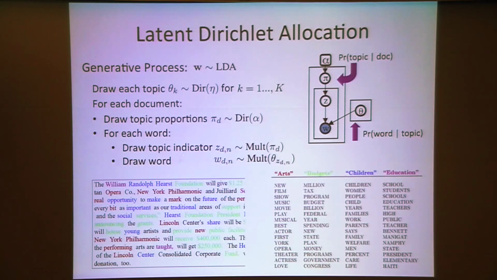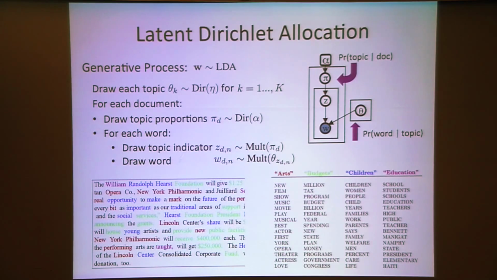So here's the intuition. Let's see how you can generate the word opera in that particular document. The way you would generate the word opera is that you would draw a topic indicator variable Z that would belong to art, right? And then you draw a word from that distribution. So opera appears, I guess, somewhere here, and there's a certain probability associated with it.